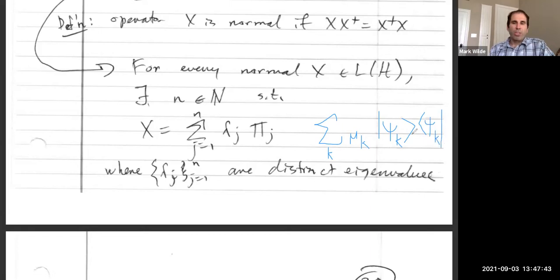So these would be the eigenvectors, and these are the eigenvalues. This is not a unique decomposition, right? An example is given by the identity, right? The identity will have eigenvalues all equal to 1, and then these eigenvectors could be chosen from any orthonormal basis, right?